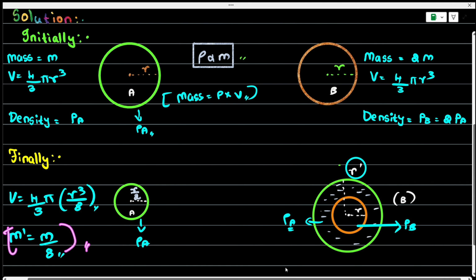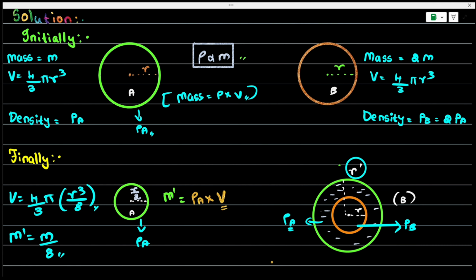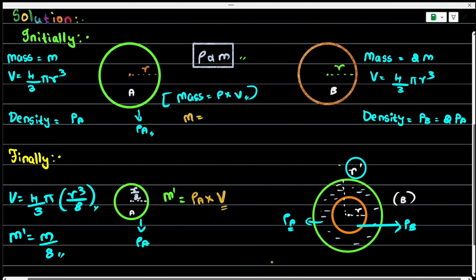Let's solve it: new mass is equal to density into new volume. At the initial position, mass is equal to volume into density. They have given that mass as m, so for this star the density is rho A and the volume is 4 by 3 into pi r cube.